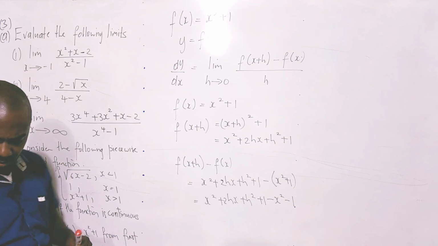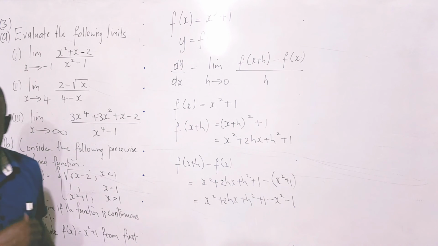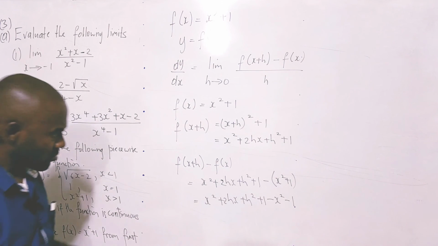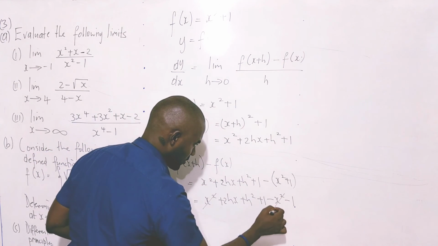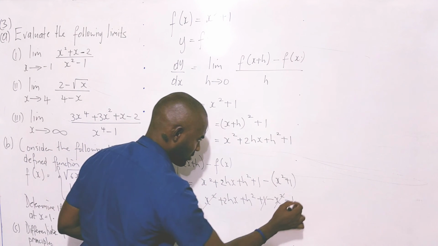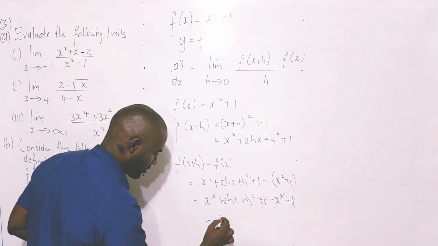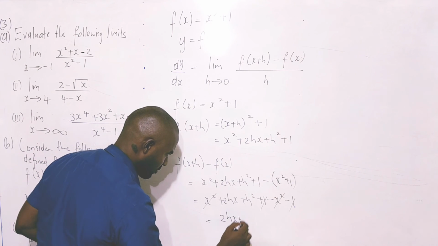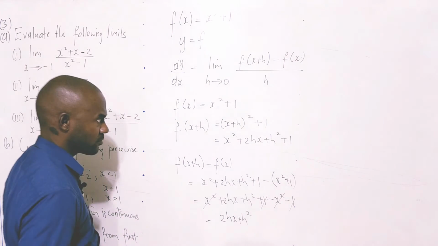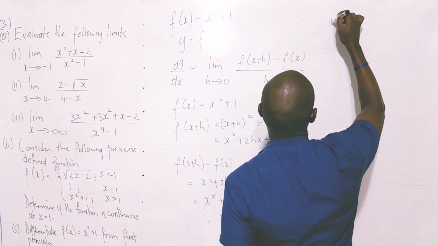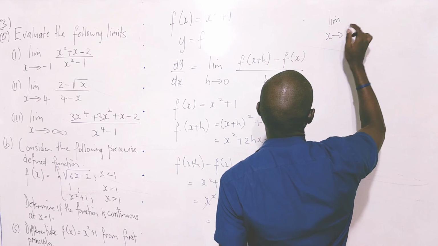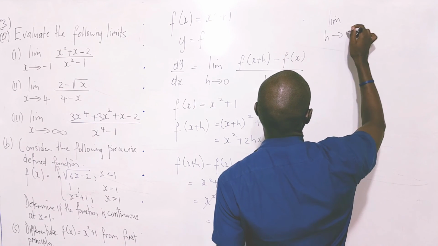So what does that mean? It means that the x squared terms will cancel, and the 1's will also cancel, and so we're left with 2hx plus h squared.